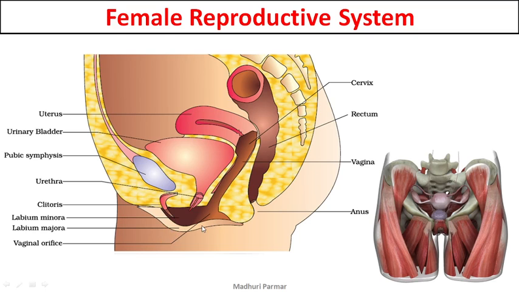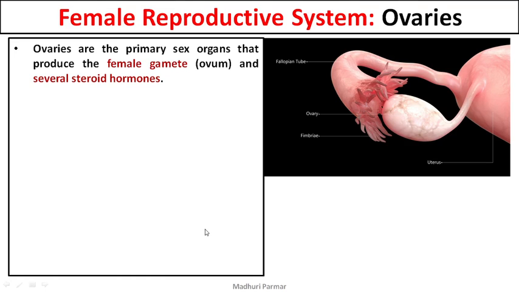Let us discuss all of these organs one by one, starting with the basic organ, which is core to the female reproductive system, which are the ovaries. They are the primary sex organs. You can have primary sex organs as well as secondary or accessory sex organs.